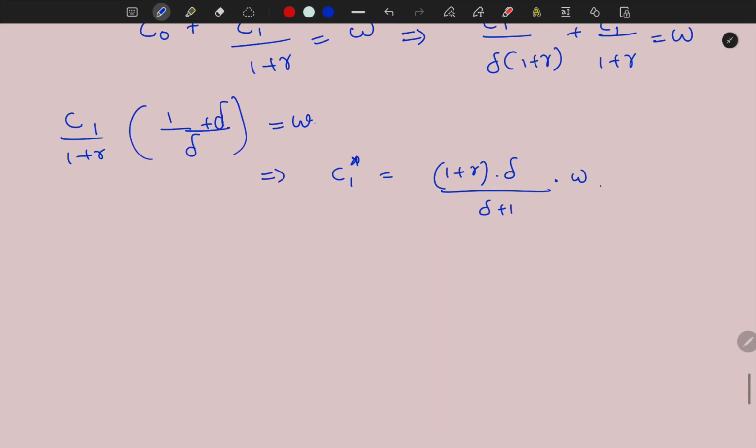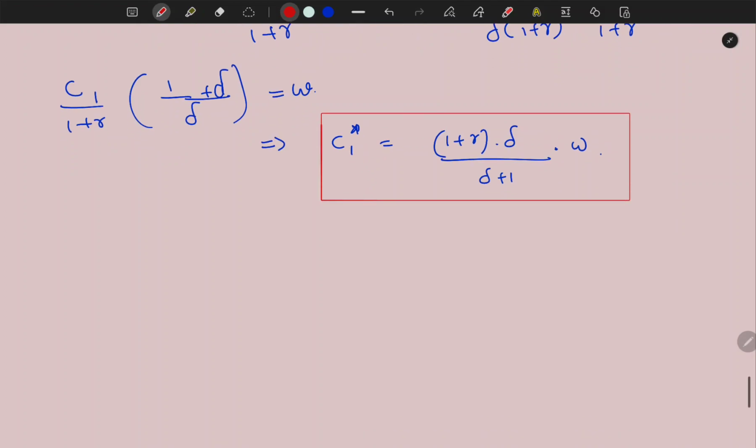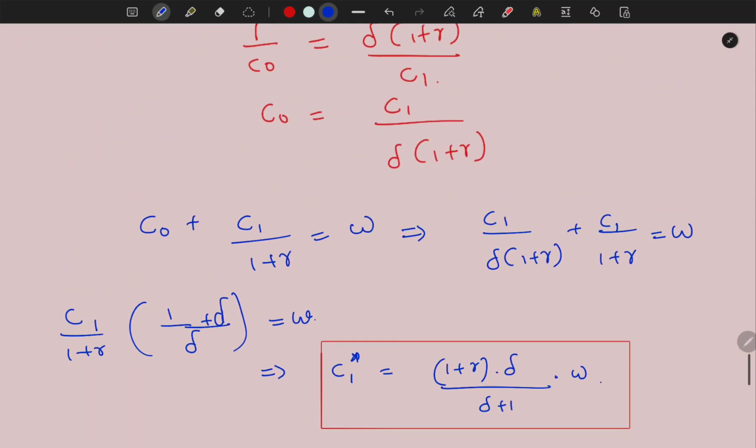So we got C1, the consumption of period 1. Now we use the same value to find C0.